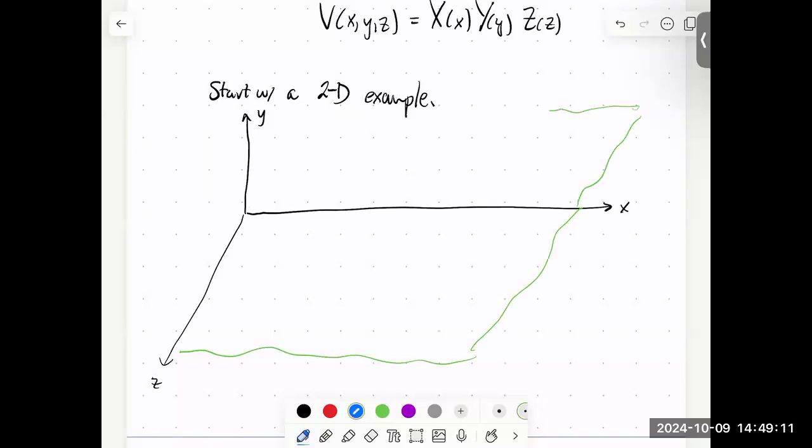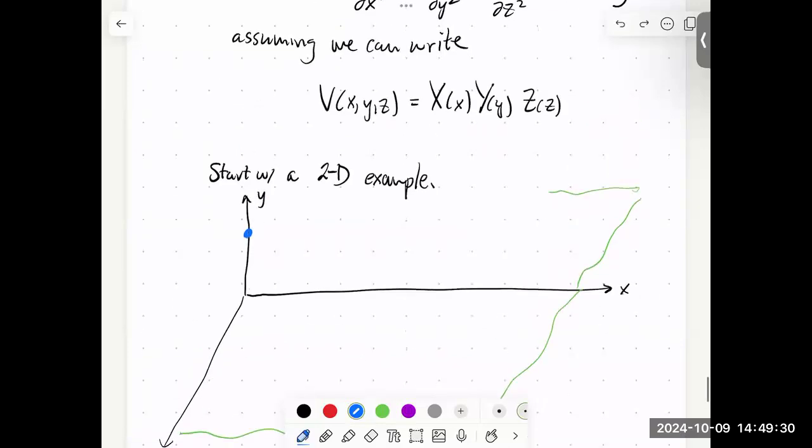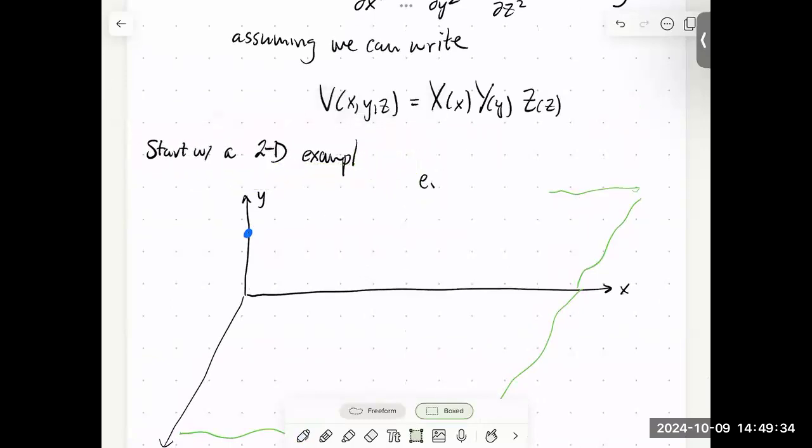And then we'll take a second plane. It's going to intersect the y-axis at this point. Oh, yeah. Let me redo this. I want to give myself a little more space here. 2D example.